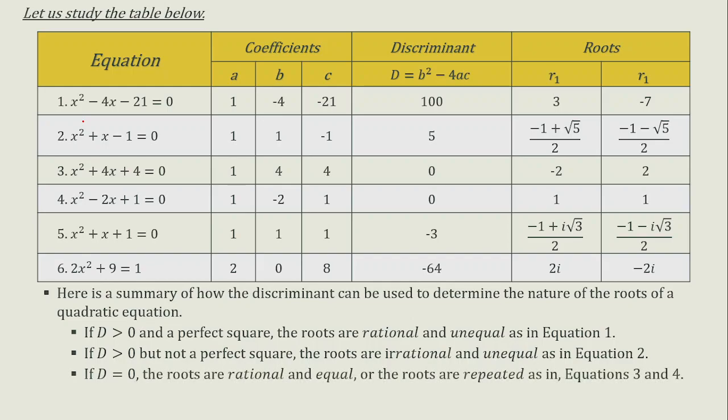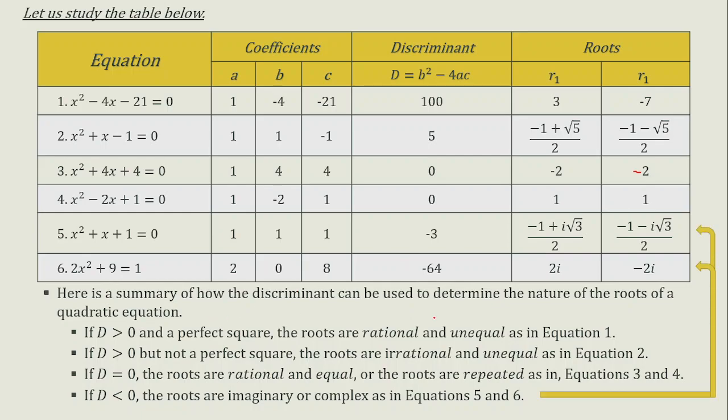Case number 3, if the discriminant is equal to 0, the roots are rational and equal, as shown in equation 3 and 4. And lastly, we have the case number 4. If the discriminant is less than 0, the roots are imaginary or complex, as shown in equation 5 and 6.